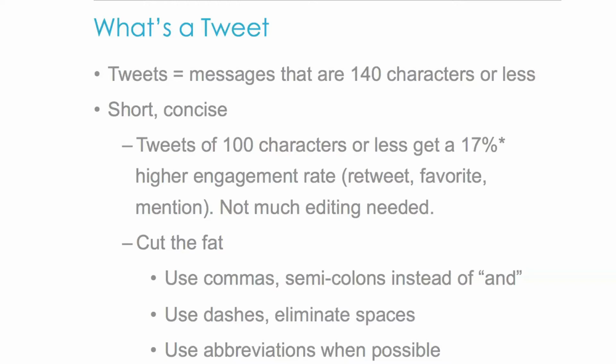We're thinking out of the box here in terms of grammar. Use abbreviations whenever possible. These are just some of the ways to lean down your message, because it's all about conveying the essence of the information, the nugget that you want to communicate.